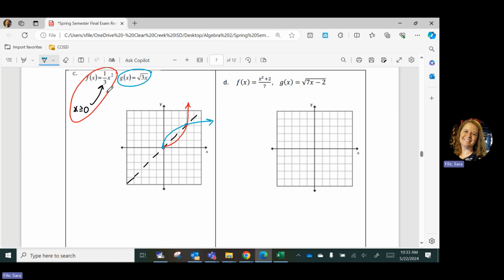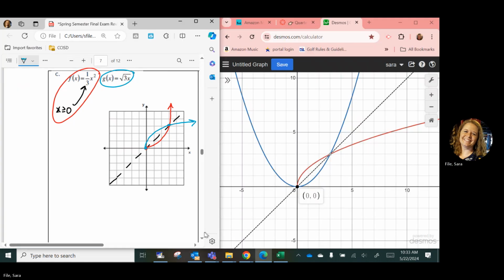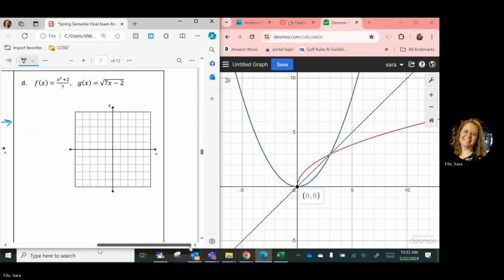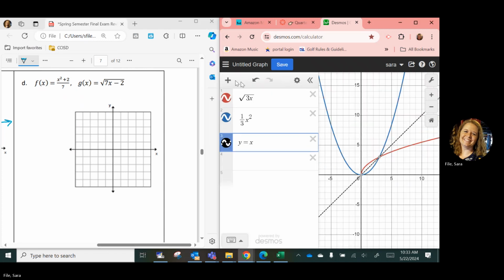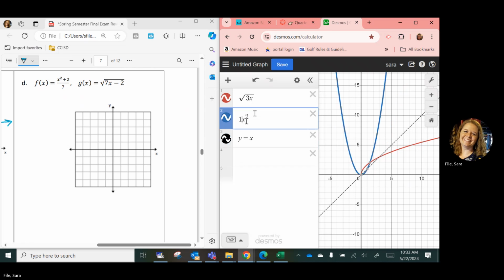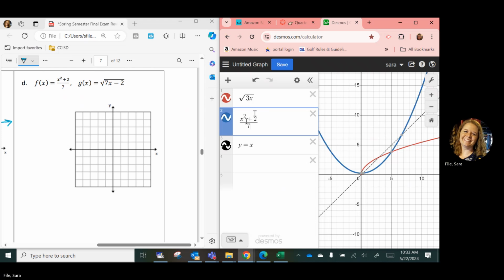All right, then on D, see, we've got x squared plus 2 over 7.